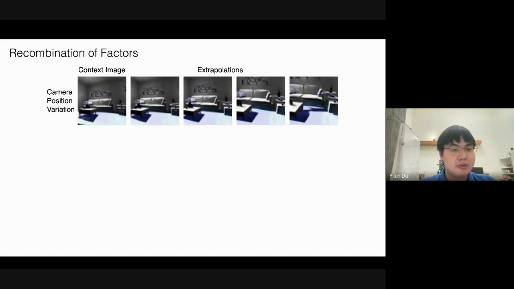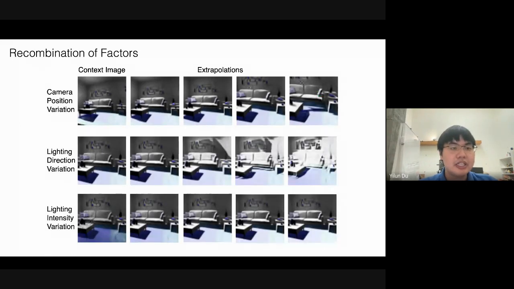And here's an example. So you can take this image here, and if you train this energy function on these images, you'll find that each of the energy functions can decompose the camera position, the lighting direction, and the lighting intensity. And what you can do is take the energy function representing camera position, and modify that one while you're fixing all the other energy functions for the scene.